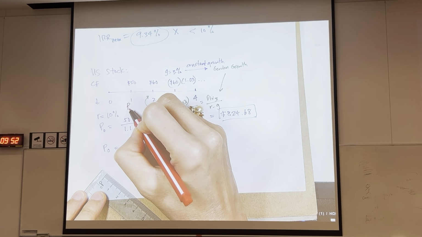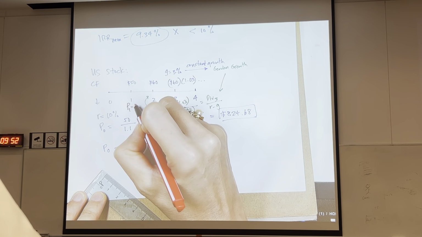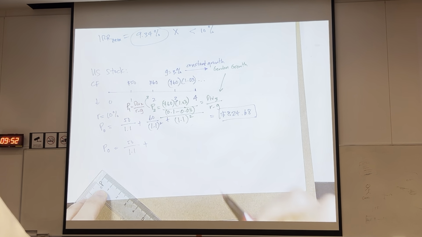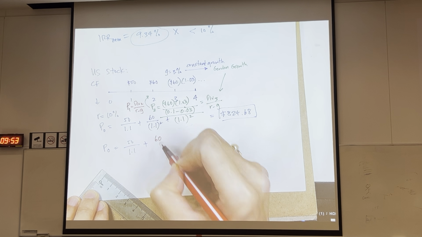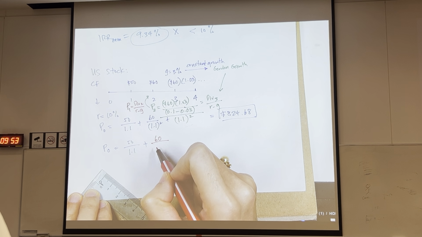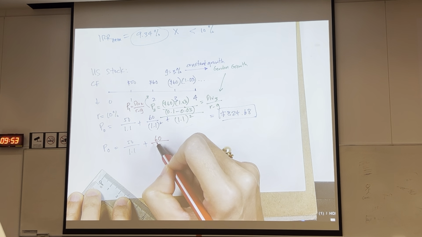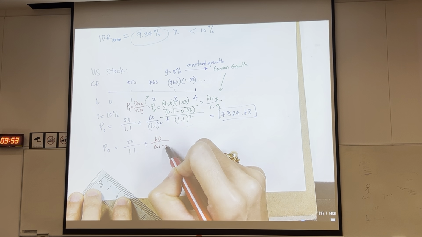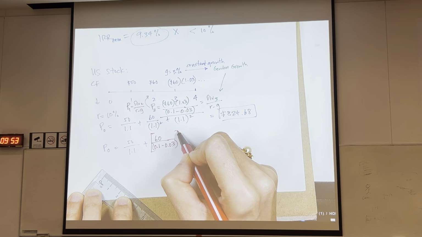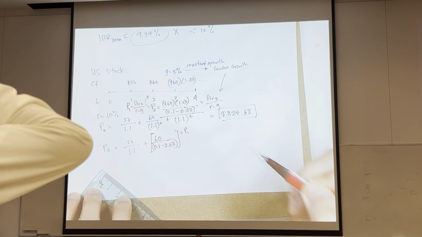The time period 1 price is equal to the dividend at time period 2 over R minus G, because 60 will grow by 3% from then on. So you can just take 60 and divide it by R minus G, which is 0.1 minus 0.03.